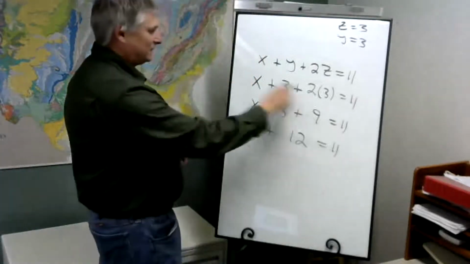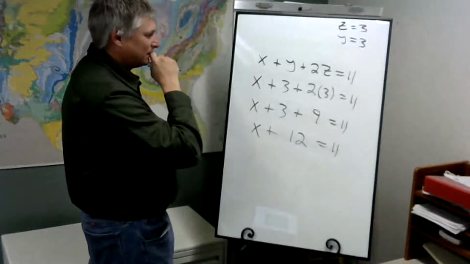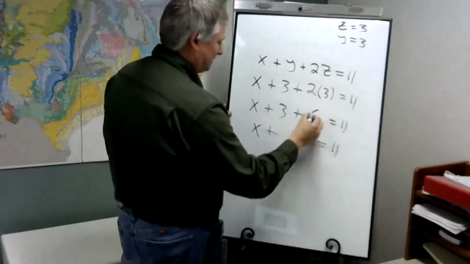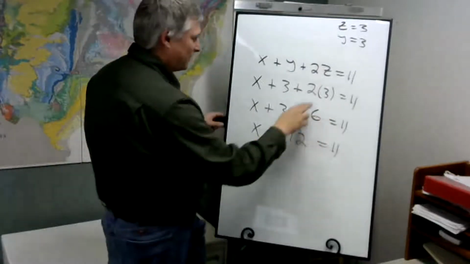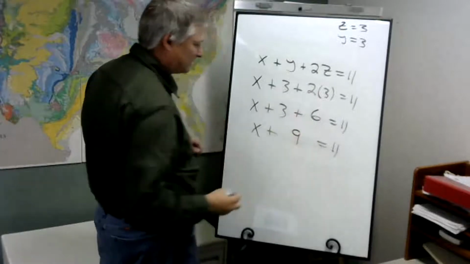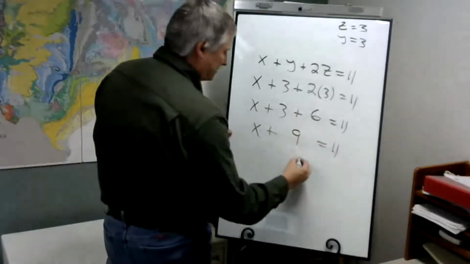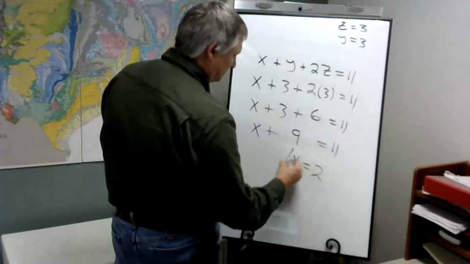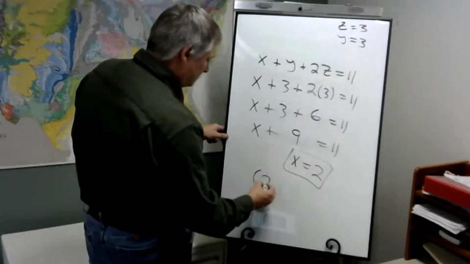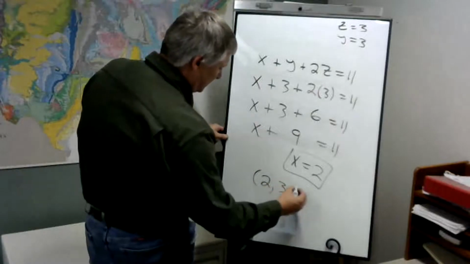Let me check real quick, make sure I got that. Oh, sorry, I'm making mistakes. There we go, that's better. Sorry, 2 times 3 is 6. So this becomes 9. Subtract 9 from both sides, we get x is 2. And so the answer for this system is 2, 3, and 3.